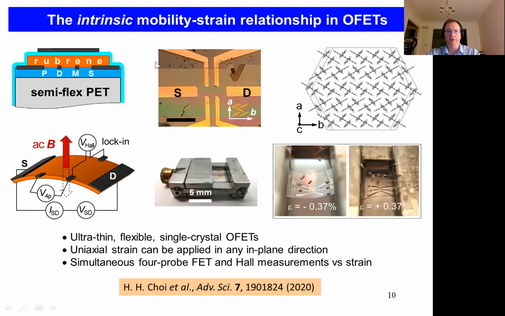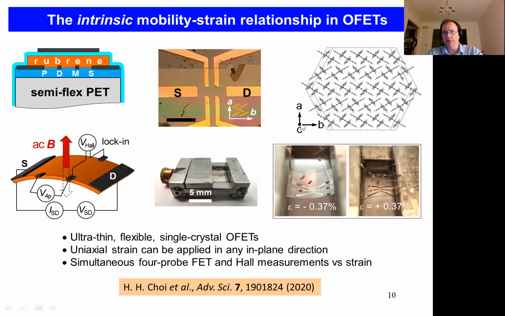So you can see here the contact geometry we use is the 4 probe and Hall bar, so that we can do 4 probe measurements to address possible contact effects, and we can apply calibrated uniaxial strain in essentially any axis within this AB plane.